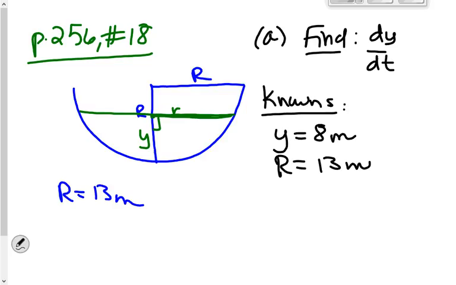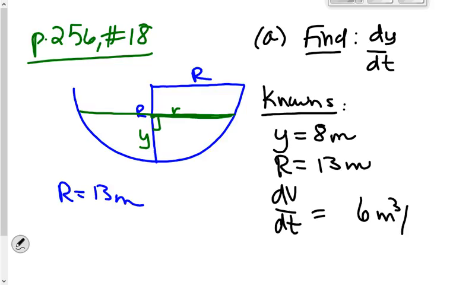What rate of change, Zoe? dV dt. And dV dt is what? Per second? Per minute.